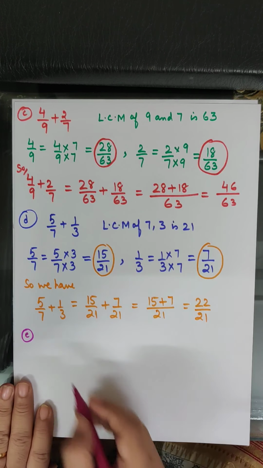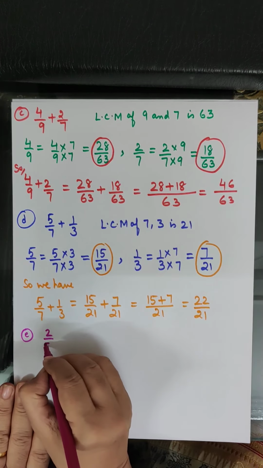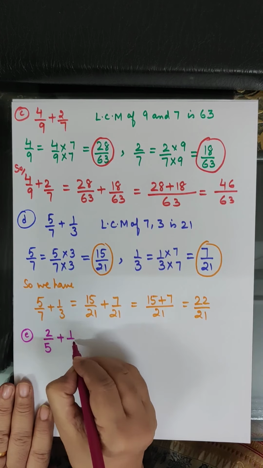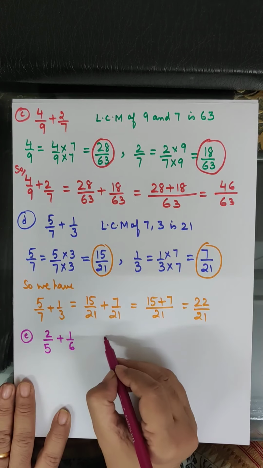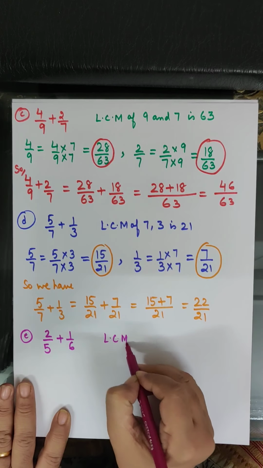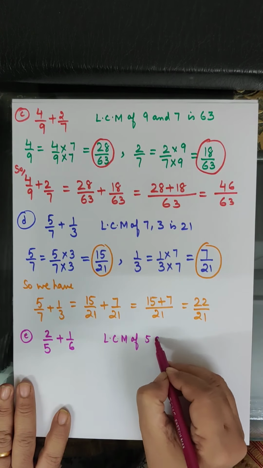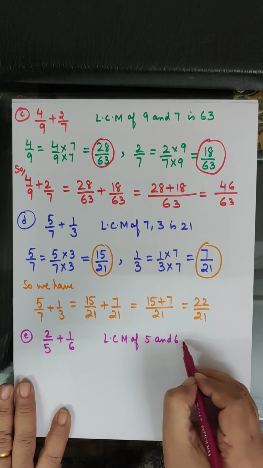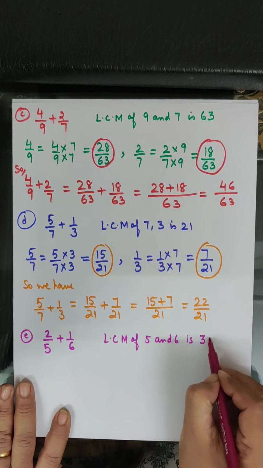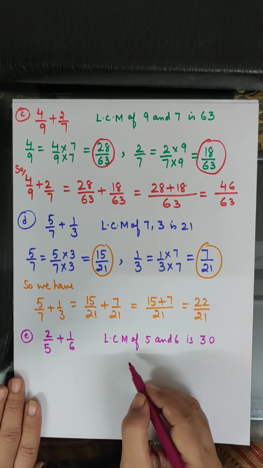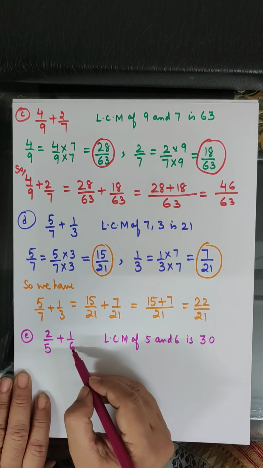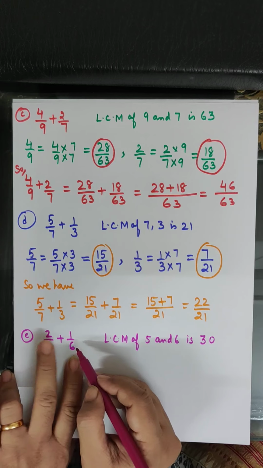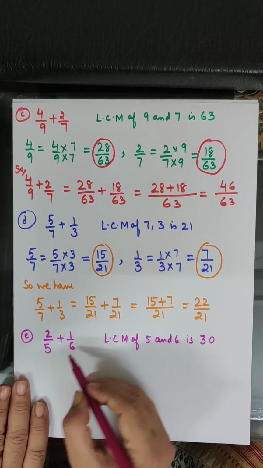2 by 5 plus 1 by 6. 2 by 5 plus 1 by 6. Now again we take the LCM. LCM of 5 and 6 is 30 because both are co-prime. So we have to make the denominators of these two fractions 30.